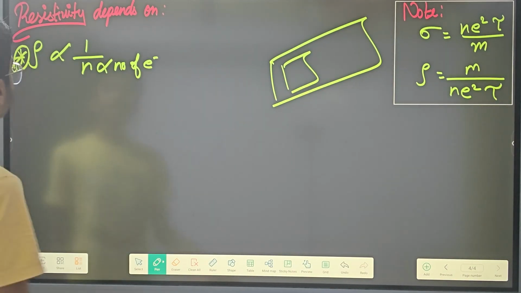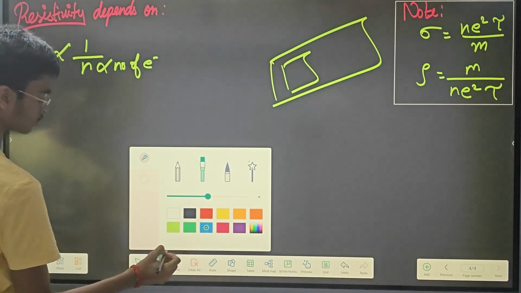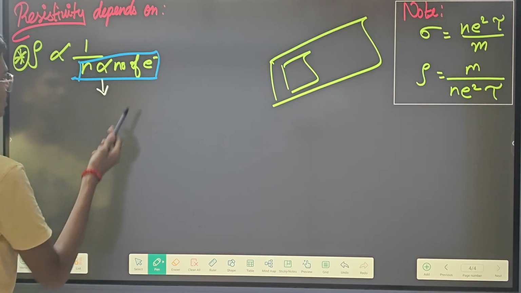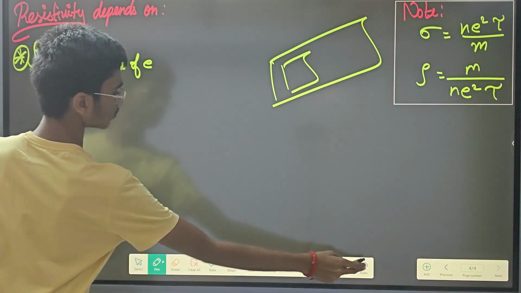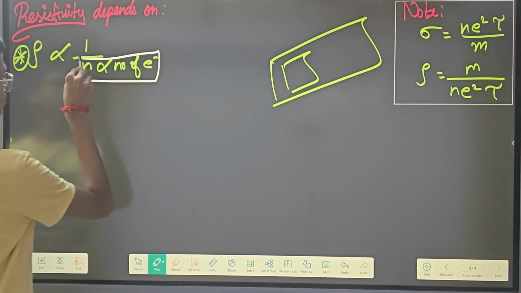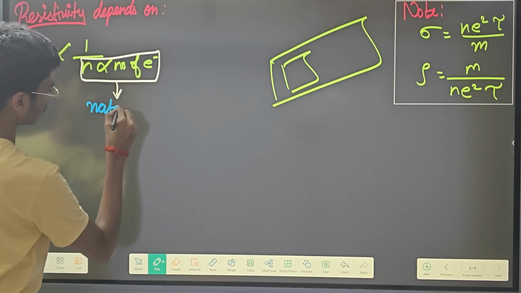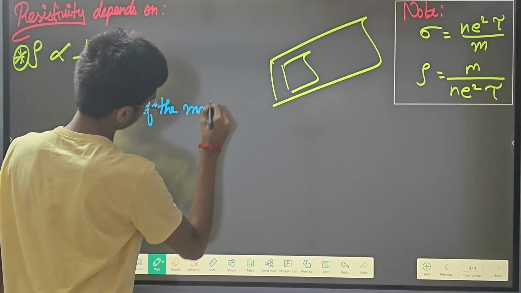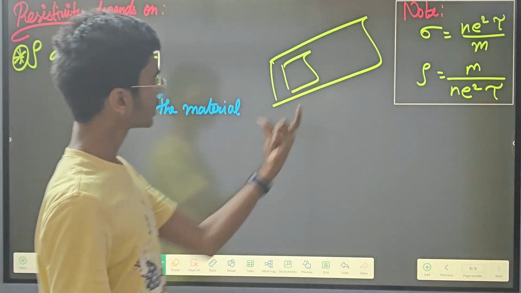Also, all these values depend upon the nature of the material. For example, this is a conductor.